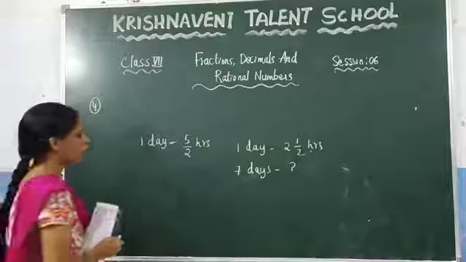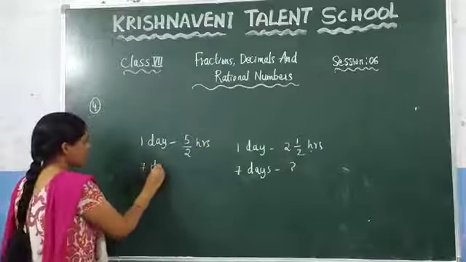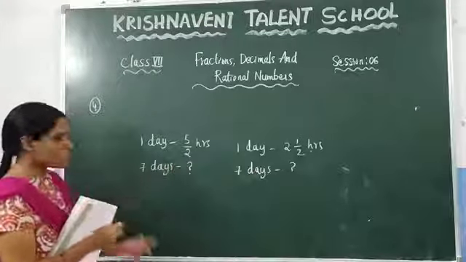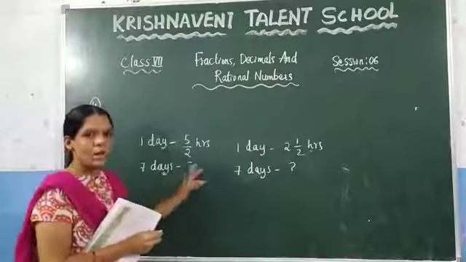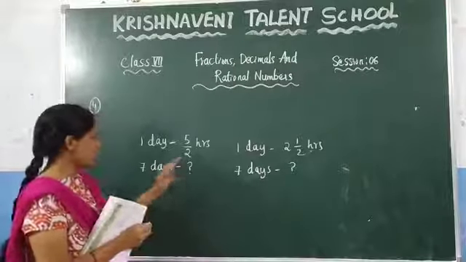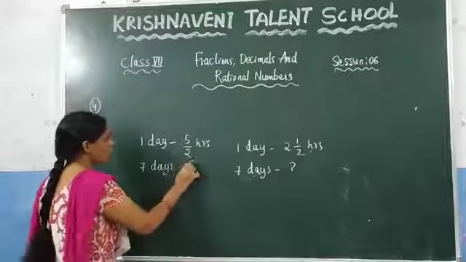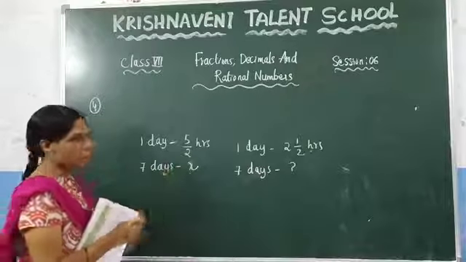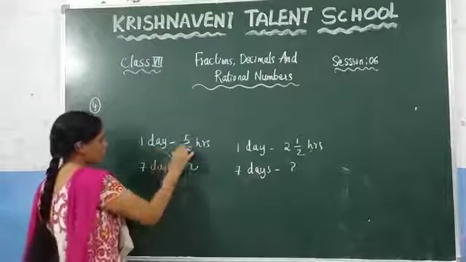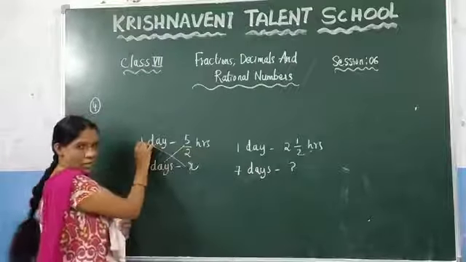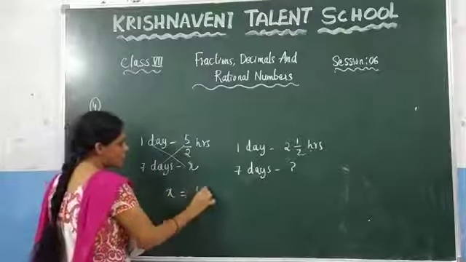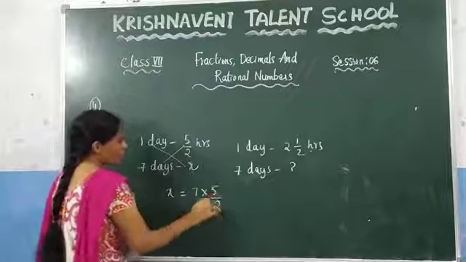Now you need to calculate in 7 days how many hours she needs to complete her work. For this, you need to multiply these two numbers. If you don't know this value, let us consider it as x. Now you can cross multiply this one into this one. x into 1, which is x, is equal to 7 into 5 by 2. Right?